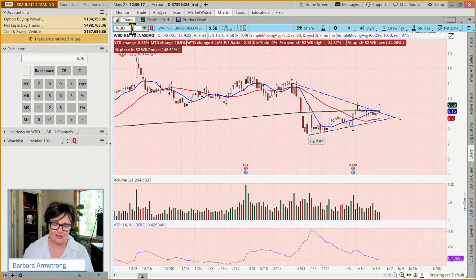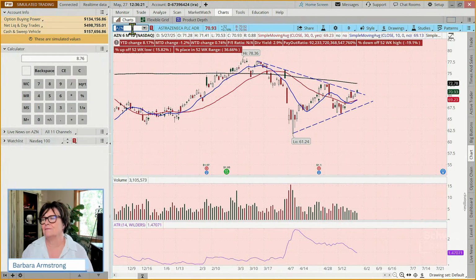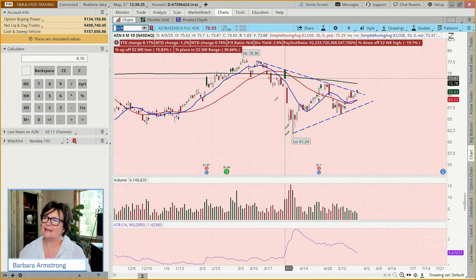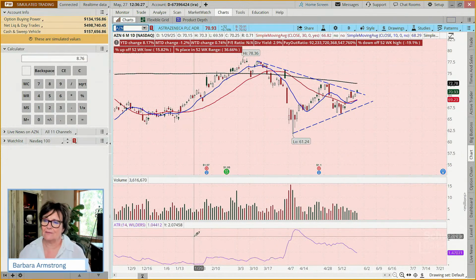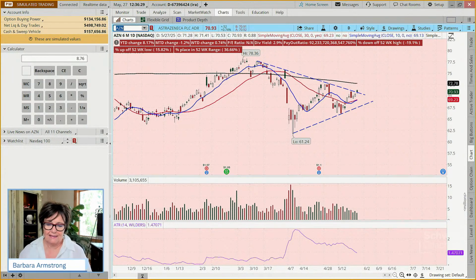Let's look at AstraZeneca. That's AZN. And this one is even kind of iffier. Now we have something that has come up several times, right? And hit this diagonal resistance line, so lower highs and higher lows.